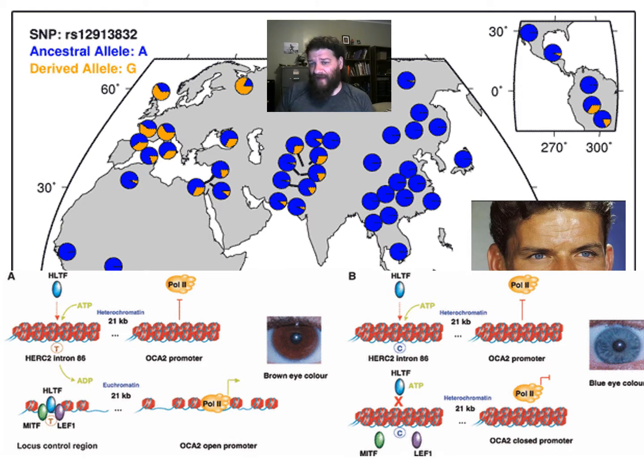When there's this mutation in this intron, then the HLTF cannot bond to that control region in that intron, and without the HLTF bonding, the OCA2 region stays as heterochromatin and doesn't unwind, and it can't be read, and so the gene is essentially shut off.